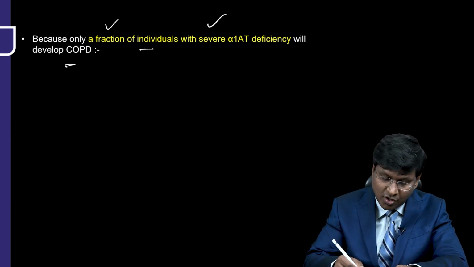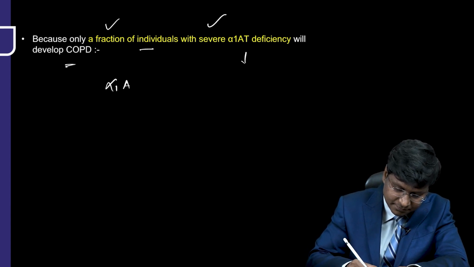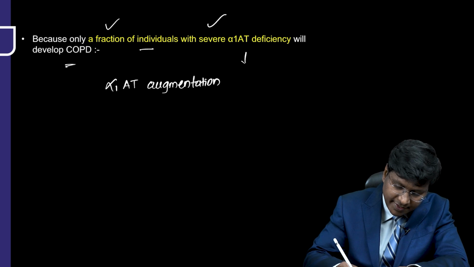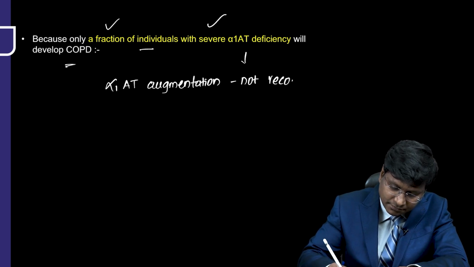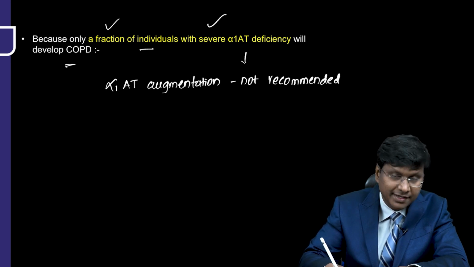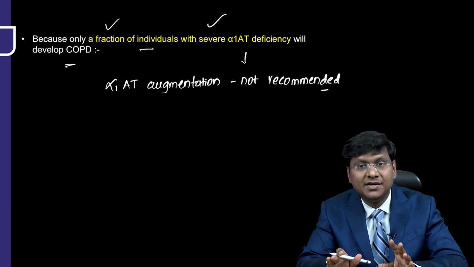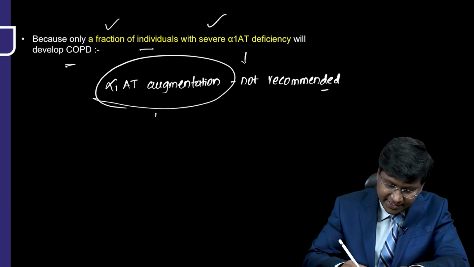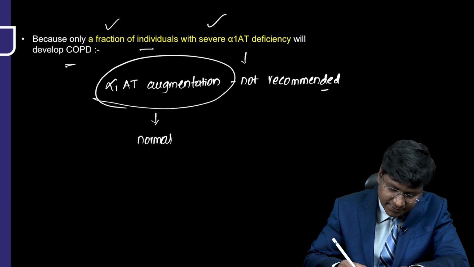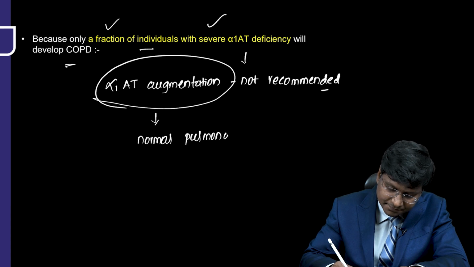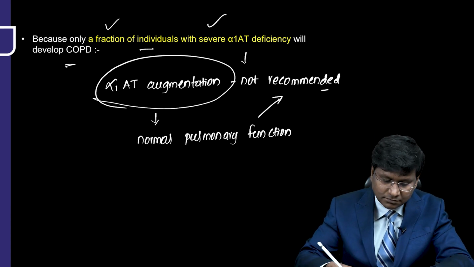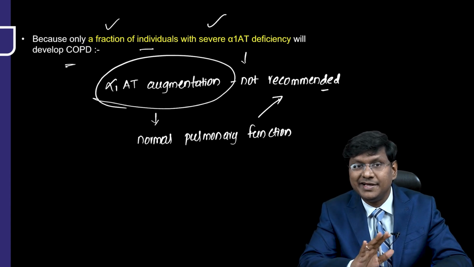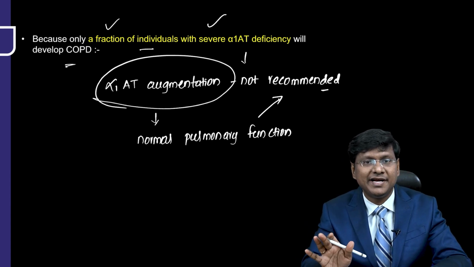Particularly, if the individual has severe deficiency but normal pulmonary function, augmentation therapy is not recommended. So that is about alpha-1 antitrypsin therapy.